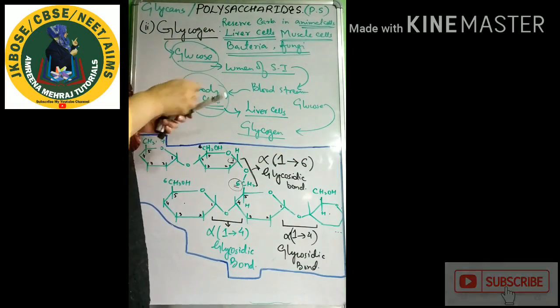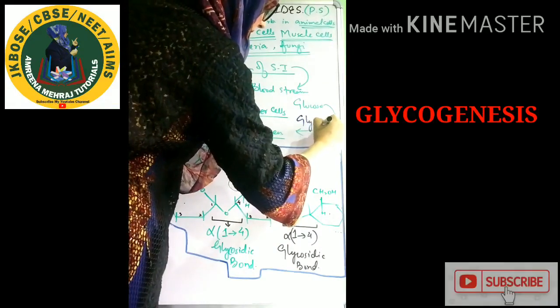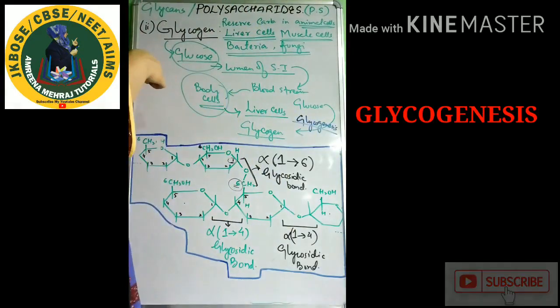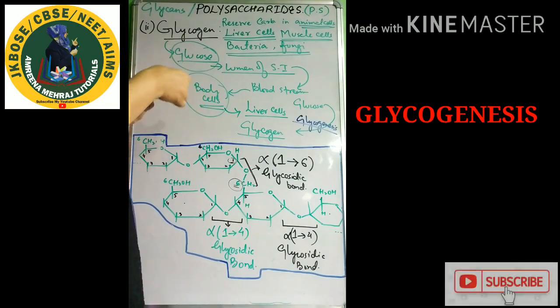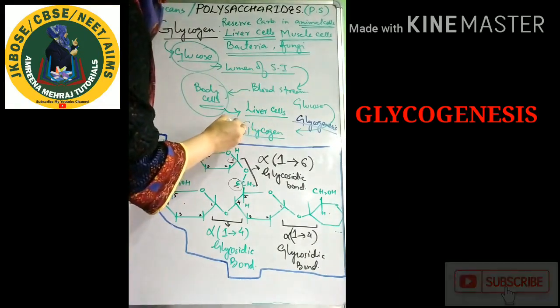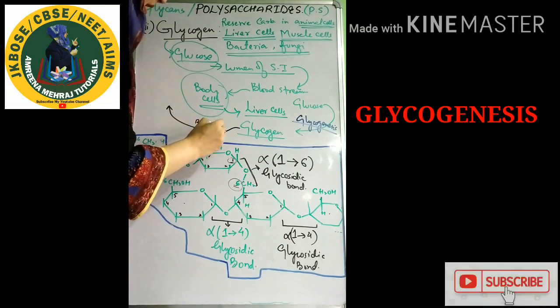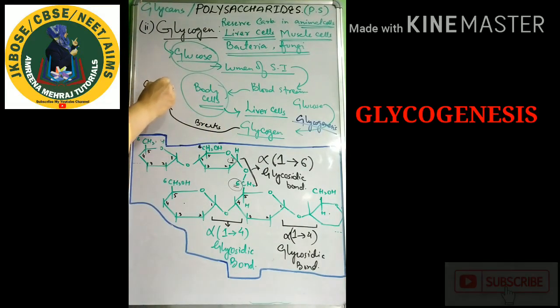This process is called glycogenesis. And once you need glucose, that means during starvation and other conditions, during the month of Ramadan when you are fasting, at that point of time, glycogen starts breaking down in your cells, releasing what? Releasing glucose back.